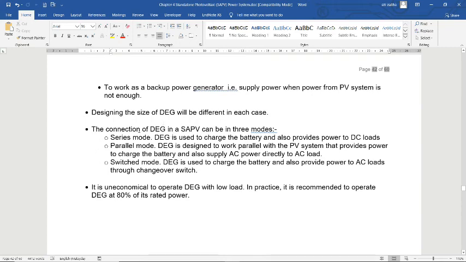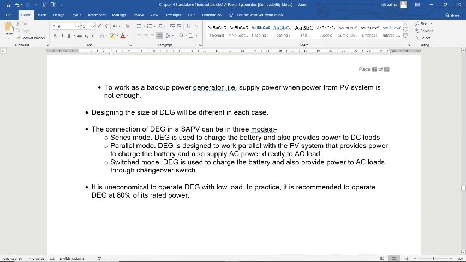The connection of DEG in a SAPV can be in 3 modes. Series mode means the DEG is used to charge the battery and also to provide power to DC loads. Parallel mode means the DEG is designed to work in parallel with the PV system, providing power to charge the battery and at the same time supplying AC power directly to the AC load.